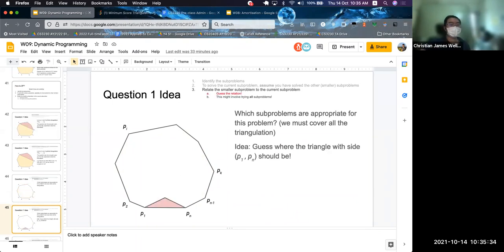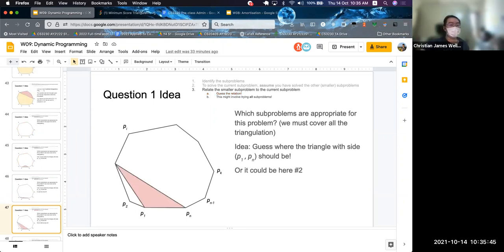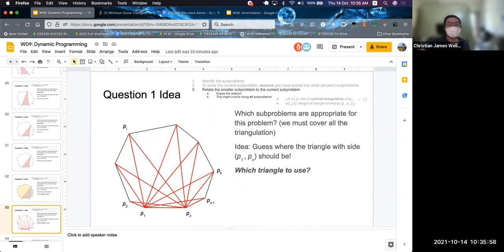And how you think of the subproblems, as I mentioned earlier in the tutorial, is we try to guess one particular case. What you're guessing is which triangle we should choose for this edge, right? So you try everything that you see here. At least to me, that was how to come up with the K, because you try over everything here.